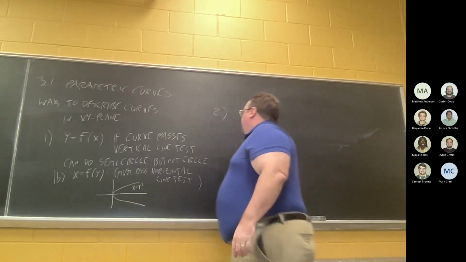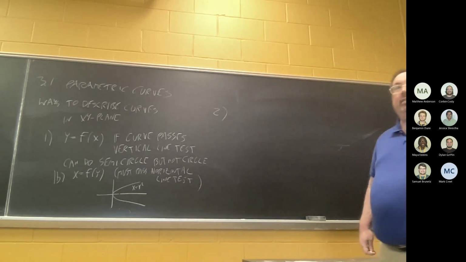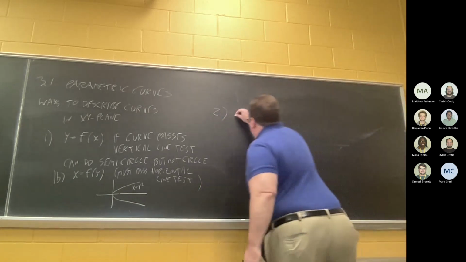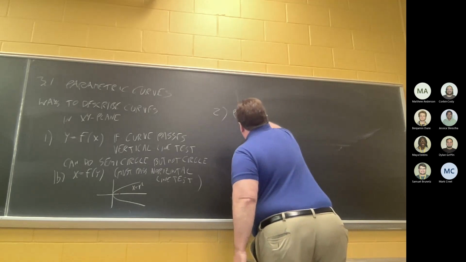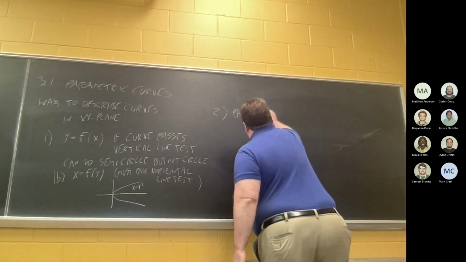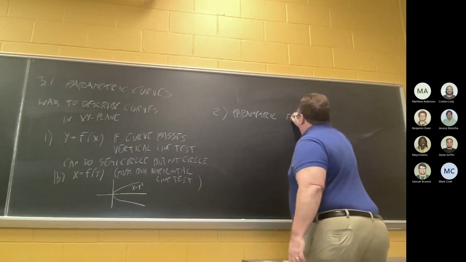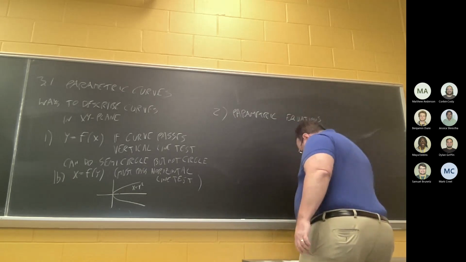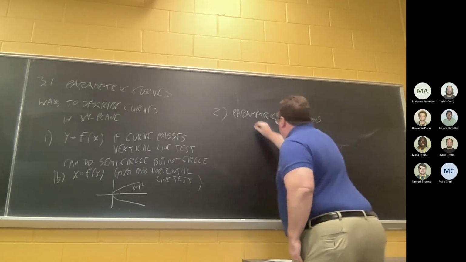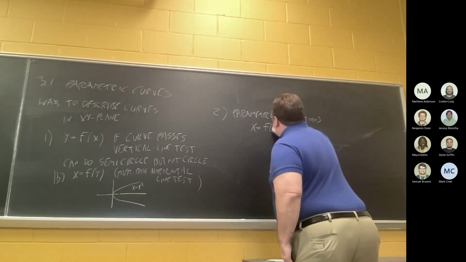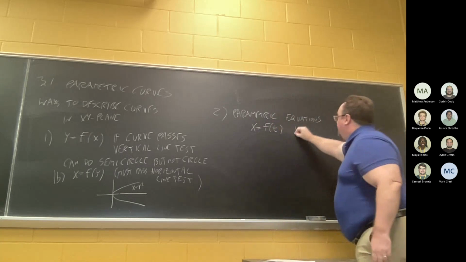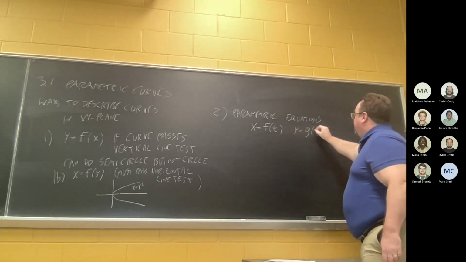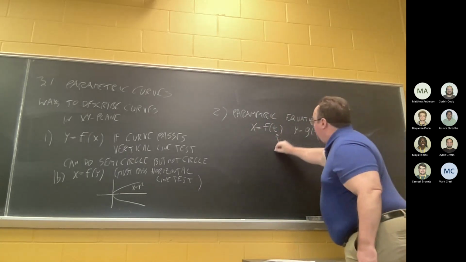The second way, which is the focus of today, does not have this kind of restriction: parametric equations. They have the form x is some function of a parameter t, and y is some other function of the same parameter t.